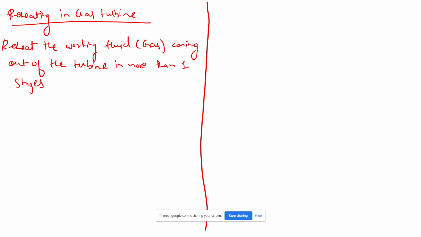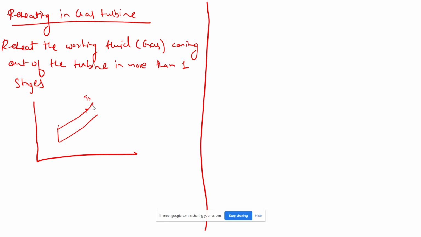So in this reheating, suppose this is a cycle, a T-s diagram. Suppose this is the temperature T3, the maximum temperature.